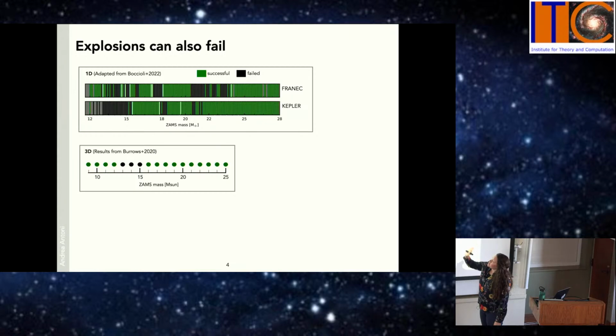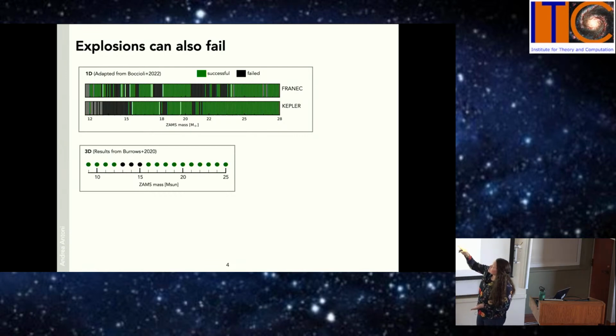Each of these color points is a function of the initial mass of the star. The green bars and green points are examples of successful supernovae, the ones where red supergiants are going to lead to type 2Ps.